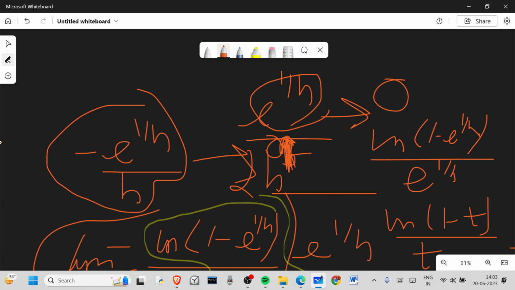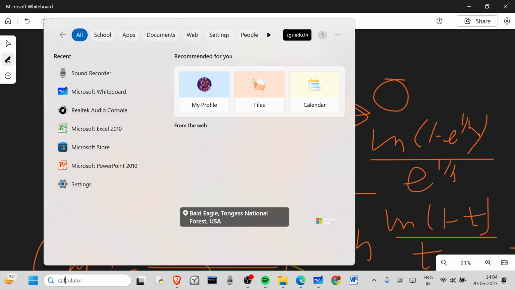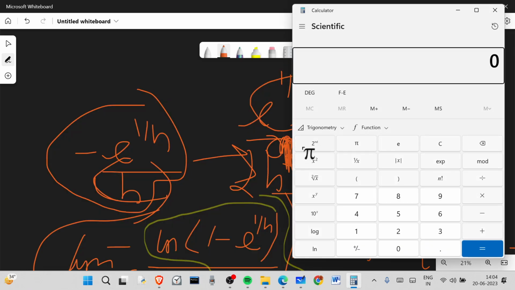I don't think this makes sense speaking like this, but basically e to the power x goes faster towards 0 than h, and I can show you this using a calculator.